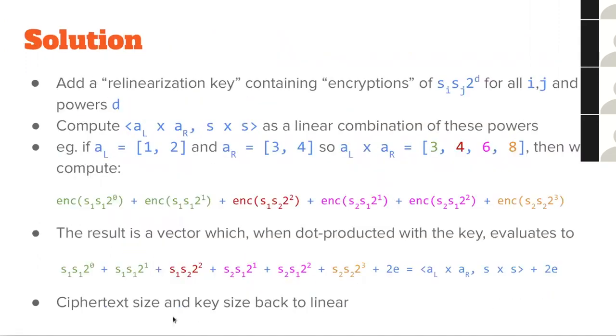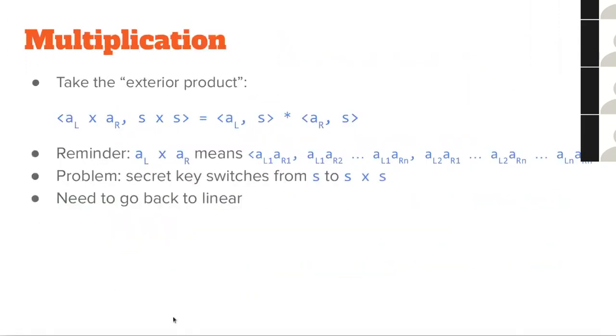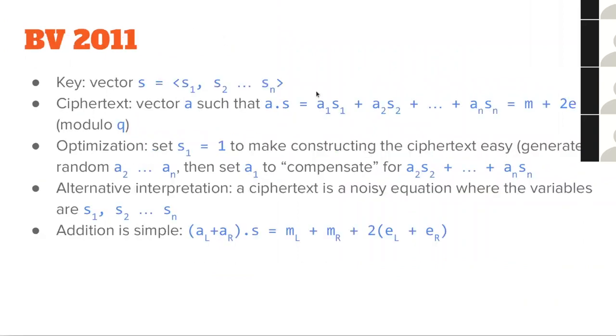One way to do this is, instead of having a ciphertext where A dot product S equals one message, you might say A dot product S gives one message, and A dot product T satisfies another message, and then you can do SIMD operations.